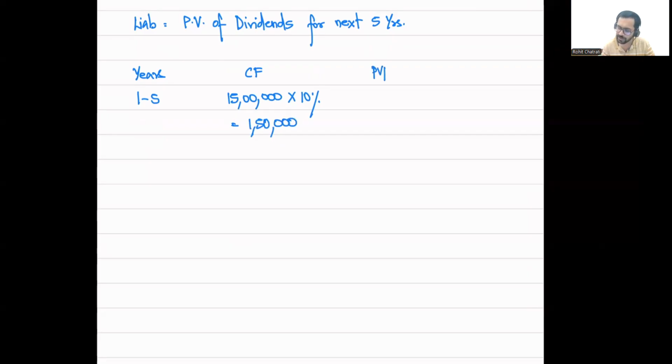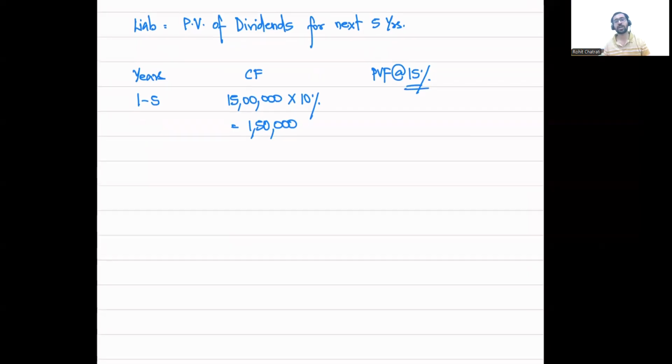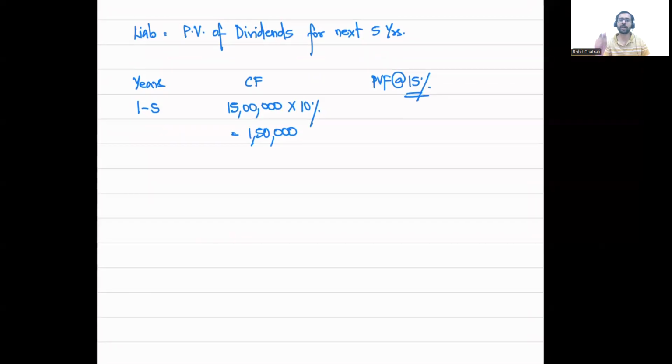We then have present value factor, and we will calculate the present value factor at 15 percentage. The reason we are going to calculate it at 15 percentage is because this is the market rate for similar instruments. All right, we are going to use the discount rate as the market rate for similar instruments, and this will be an annuity factor calculated at the rate of 15 percentage for the next 5 years.